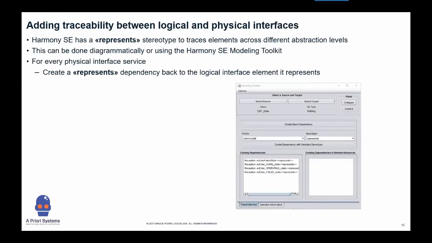You would like to have traceable relationships between the physical messages, the scheme that you came up with, and the logical messages that are parts of the interface blocks from your SysML systems model. To do that, I use this representation relationship. The Harmony SE toolkit profile has some automation for that.